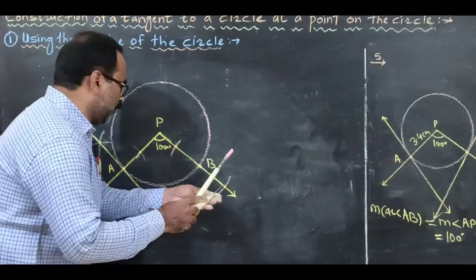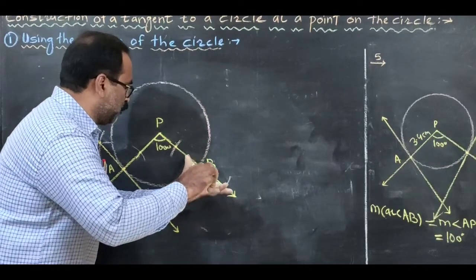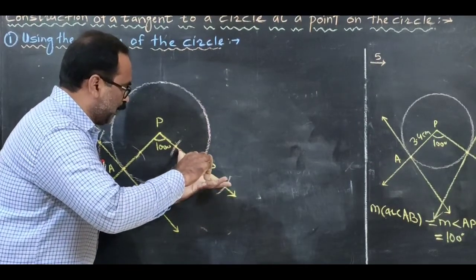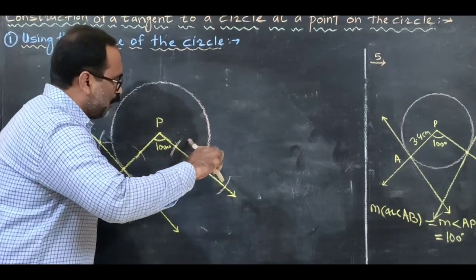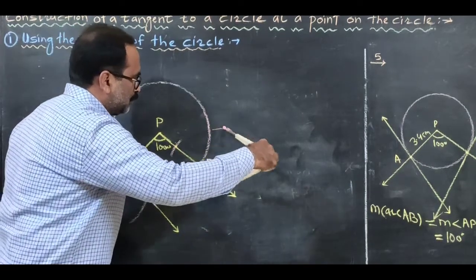Now we put the nib of our compass at this point and we take more than half distance of these 2 points in our compass and we draw an arc.